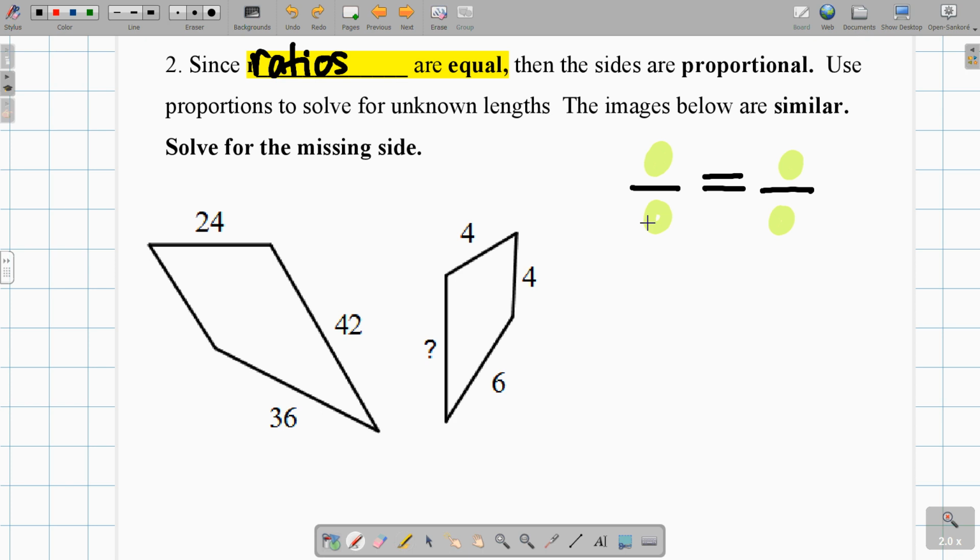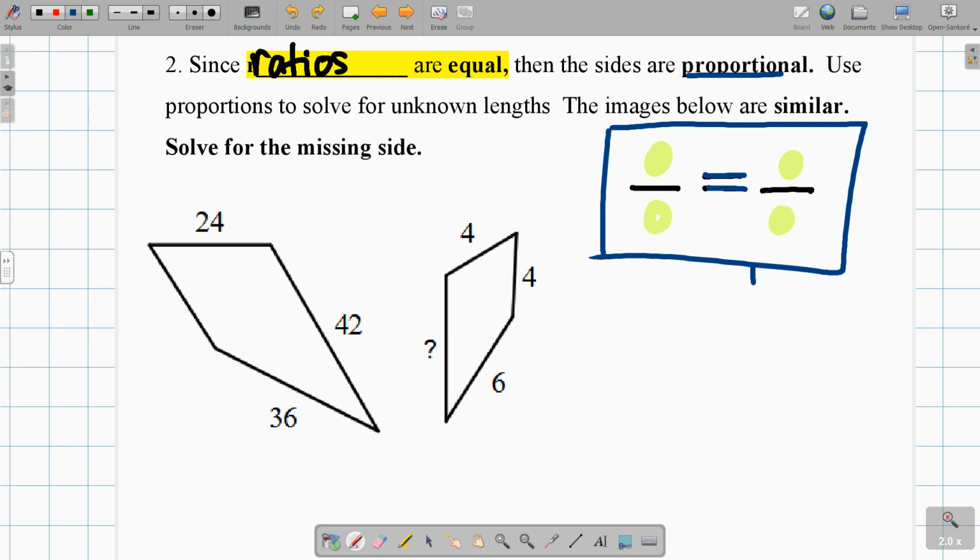Remember, a single fraction is a ratio, an equation of fractions. This whole thing is called a proportion. Just an individual fraction, that's called a ratio. An equation of ratios is called a proportion.